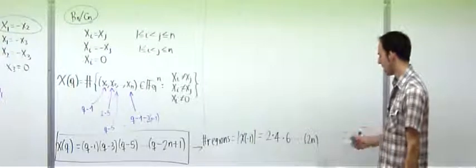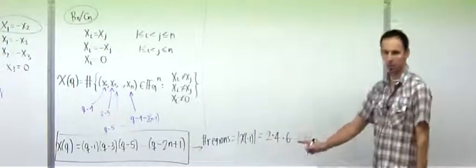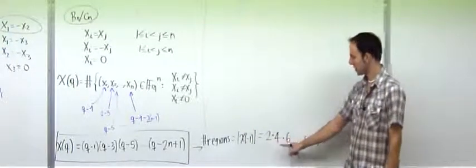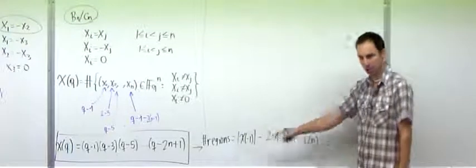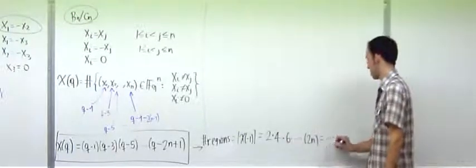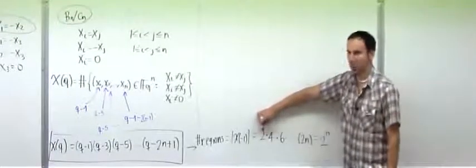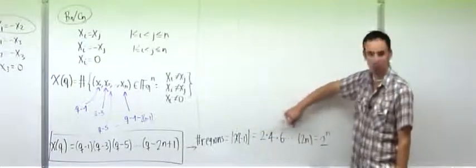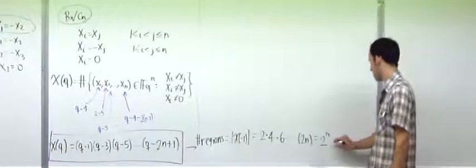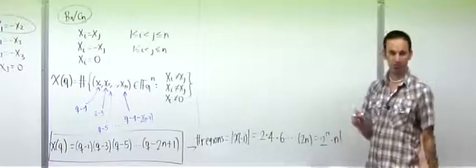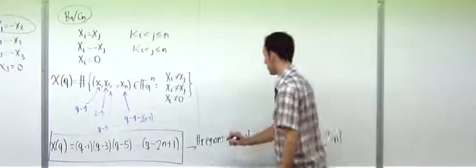And so what do I get here? Well, I get a bunch of 2's. 2 times 1, 2 times 2, 2 times 3. So let me take out all the 2's. And then I get 1 times 2 times 3 up to n, so n factorial. Okay, that's the number of regions.